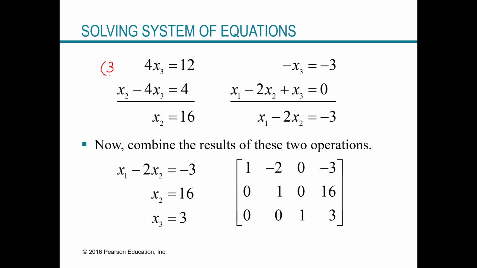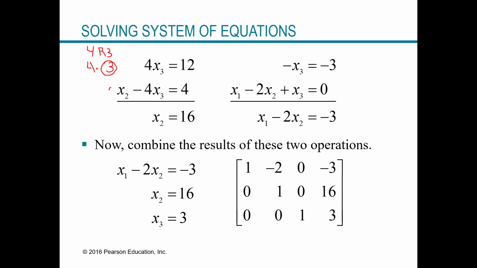Things that I like to do is say what I did. So I would say 4 times row 3. And another way to write that, if you're doing it in matrix form, is to say 4 times row 3, because equation 3 is the same as row 3. So you can write it like that. That way you keep track of what you're working with.